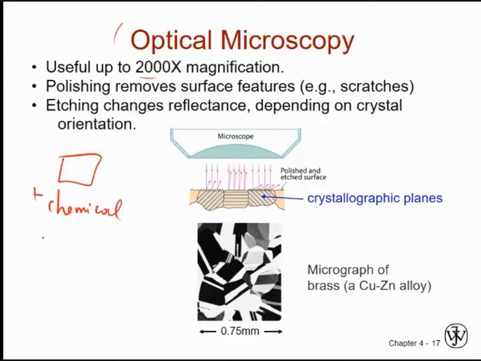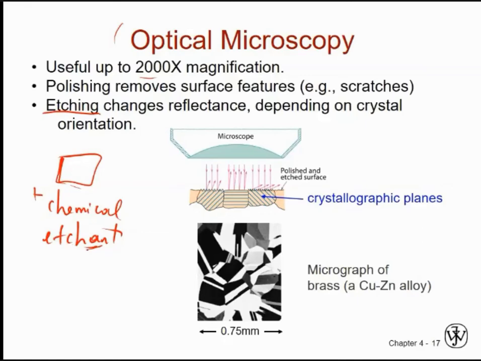That chemical we call etchant, and that process is called the etching process. This etchant goes into a chemical reaction with our element, and we have different classes of etchants for different elements. For example, for iron carbon we use a certain one, for copper alloy we use another one, whichever is suitable for our element.